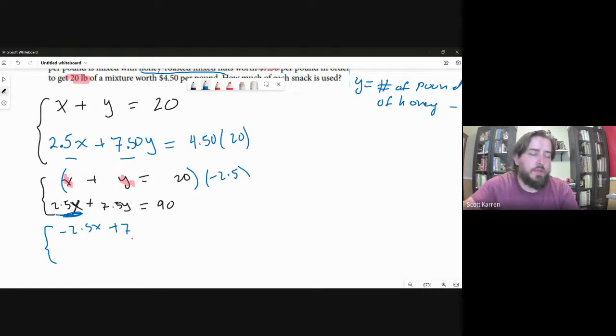Oops. Yeah, minus, not plus. So minus 2.5y equals negative 50. And then I'm not going to touch the bottom one because I've got the 2.5x. That's what I wanted.